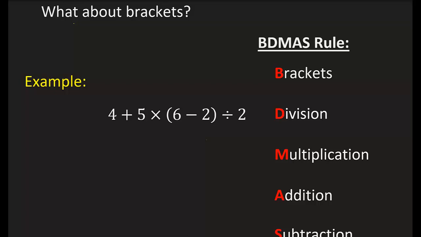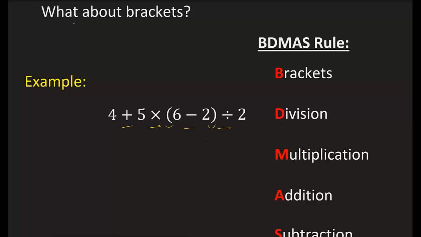4 plus 5 times inside of brackets 6 minus 2 divided by 2. Now I want to ask you a question. How many symbols are there in this? Well, let's count. 1, 2, 3, 4. But there's also one more. These two brackets are also treated as a symbol, I told you.